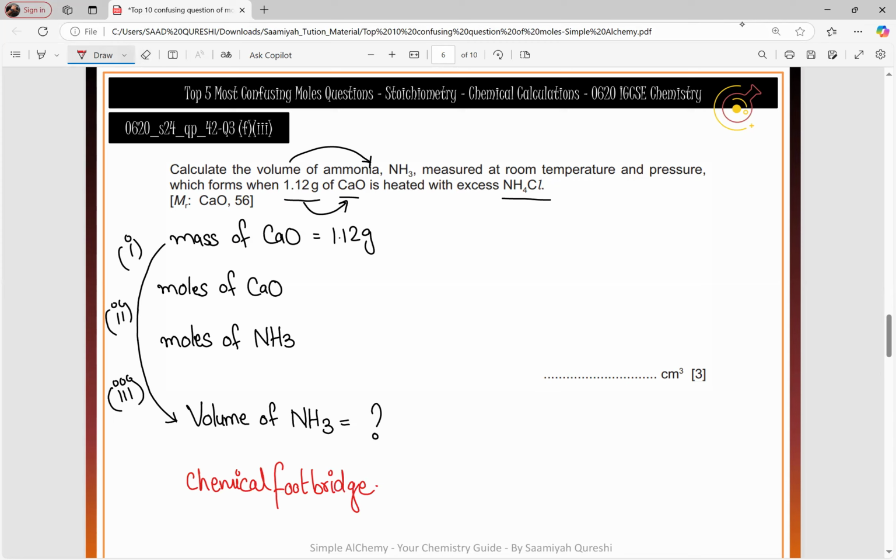Let's start it. From the mass to moles, we will use the formula moles is equal to mass over molar mass.